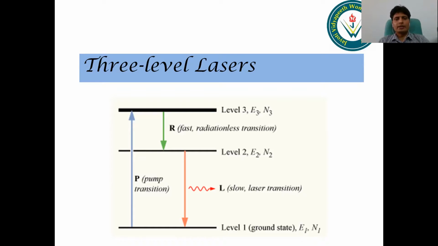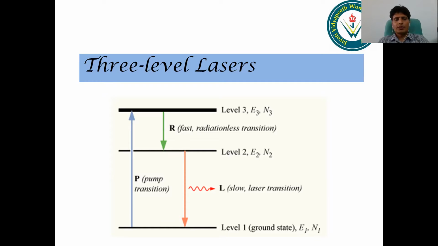The atoms are excited through an intense pumping radiation of frequency nu p equal to E3 minus E1 upon h. A large number of atoms originally in the ground level E1 are pumped to the uppermost energy level E3. The excited state E3 is short-lived, therefore the atoms cannot remain there for a long time.